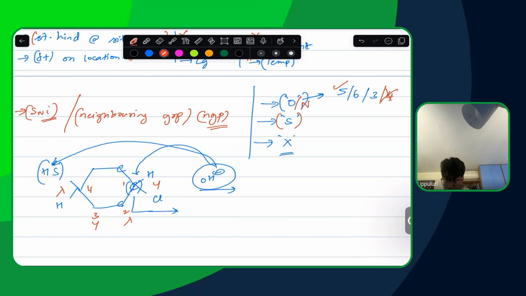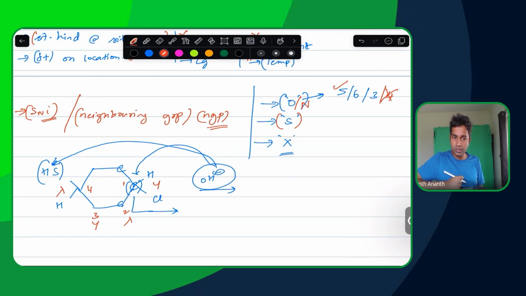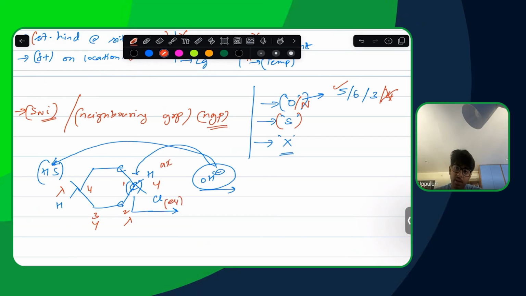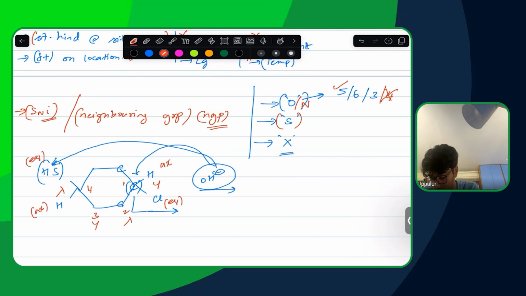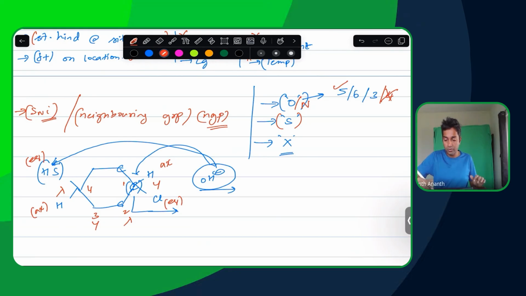If they are in opposite conformations, that means if I take this one as axial and this one is equatorial, so this fellow will become the equatorial and this fellow will become the axial. Now let's look at the chair form.